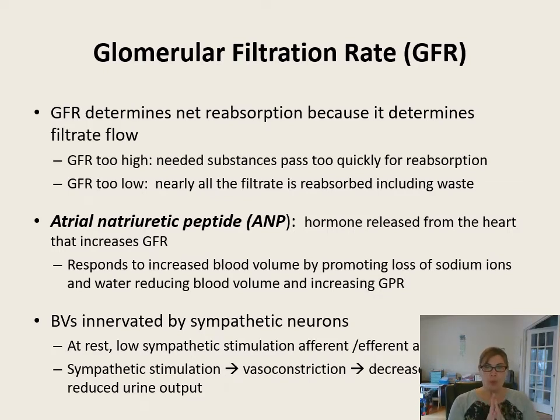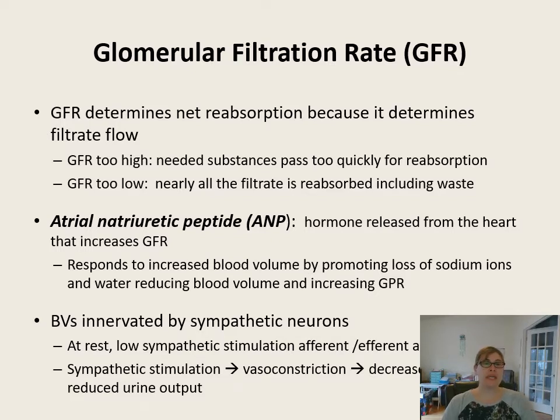So one of the things we have is ANP. Natri means sodium. Sodium is Na on the periodic table. So atrial natriuretic peptide, ANP, is released from the heart. That's where that atrial comes from. It increases glomerular filtration rate.